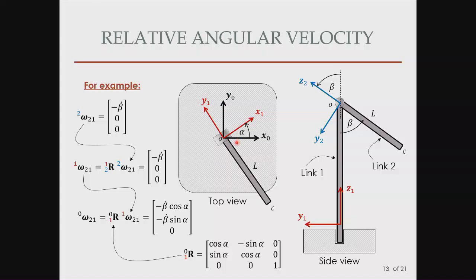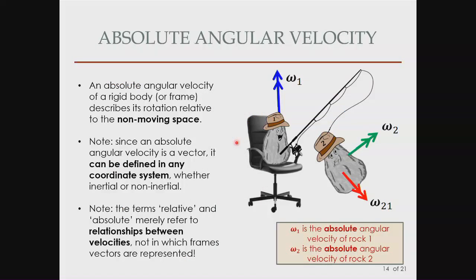Now what if I want to calculate absolute angular velocity? I gave you this example. The red one is the relative angular velocity, as before, of this rock relative to this rock.